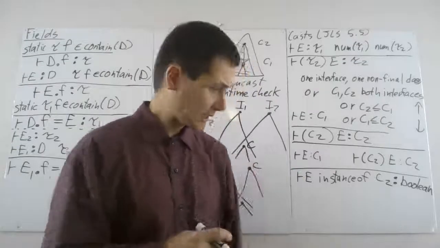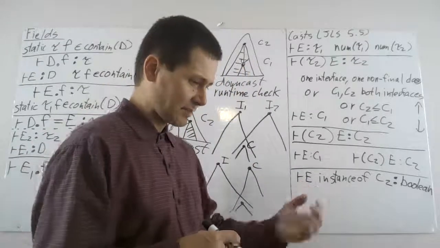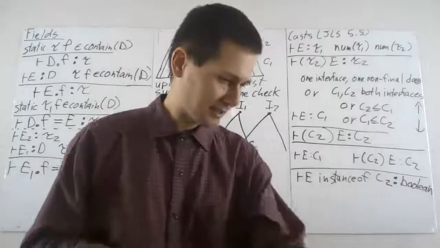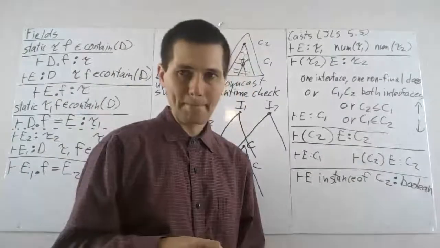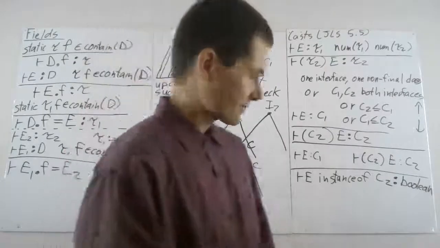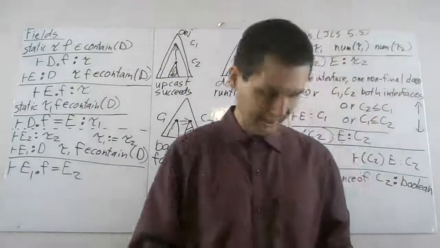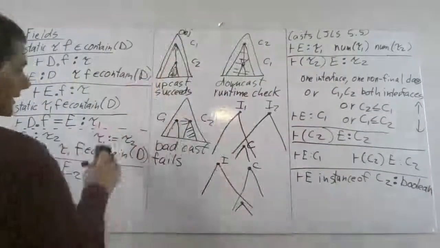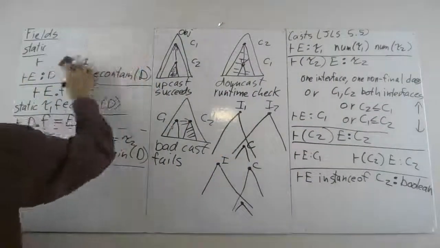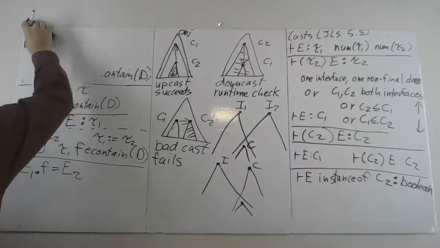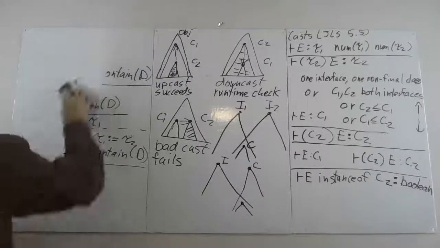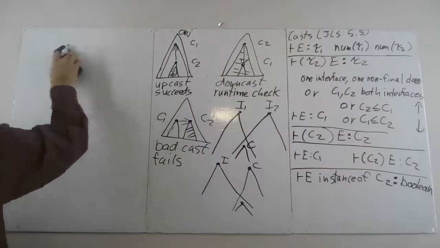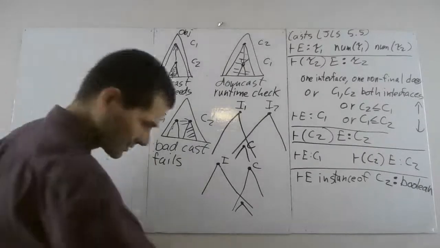Like, is E's dynamic type actually a subtype of C2? Okay, so that's cast and instanceof, and then there's one more feature that is like instanceof in terms of being defined in terms of casts, and that's equality comparisons.